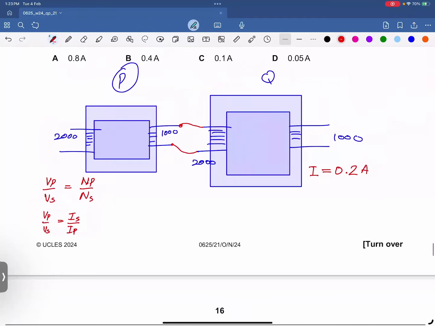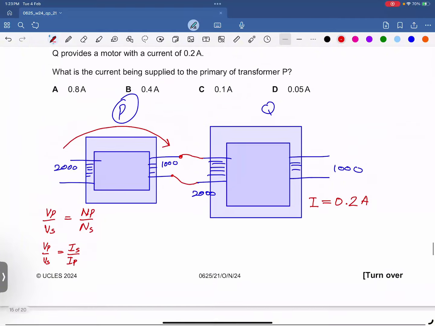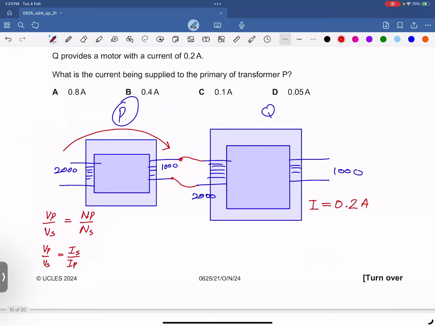First, we will talk about what happens to the voltage. From here to here, the voltage is stepped down. How much? By half. Again, this voltage comes here, and the number of turns is half, so the voltage is again reduced to half.